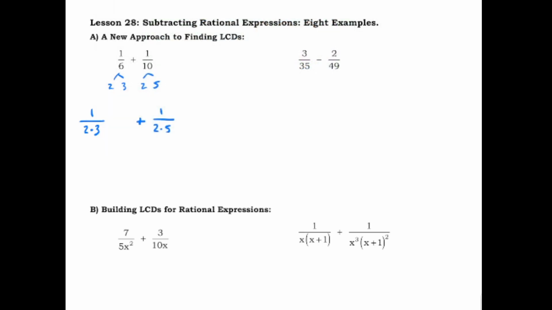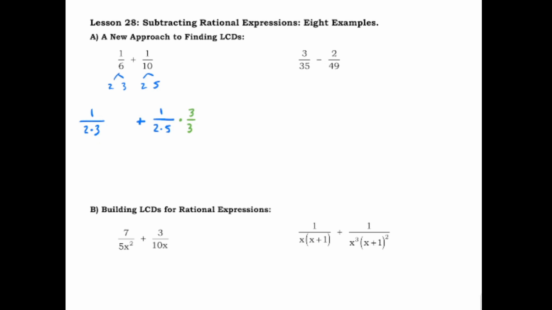If you want to have common denominators, matching sets, I should say, you want whatever's down here to be the same as whatever's over here. Then we've got to see what's missing and build it up. In other words, this one's got a 2, this one's got a 2. They both have 2s, that's fine. But notice this one has a 3 and this one doesn't. So that tells us we should multiply top and bottom by 3.